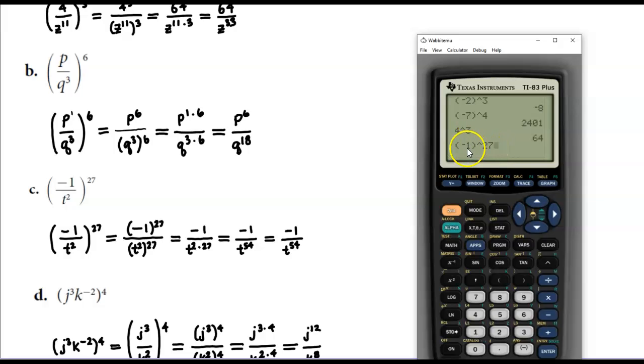So that means we're taking negative 1 and multiplying it 27 times. But since it's odd, we're going to end up with a negative 1. Now if that was an even exponent, then we would get a positive 1. So we have negative 1 divided by t to the power of 2 times 27. So we're going to get negative 1 over t to the 54th power.